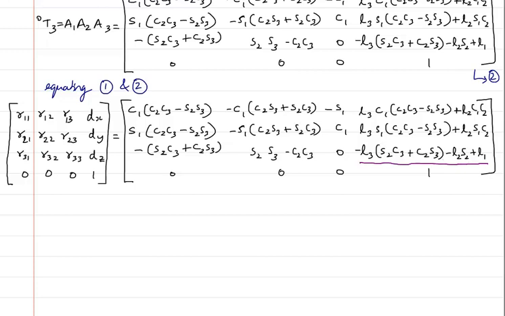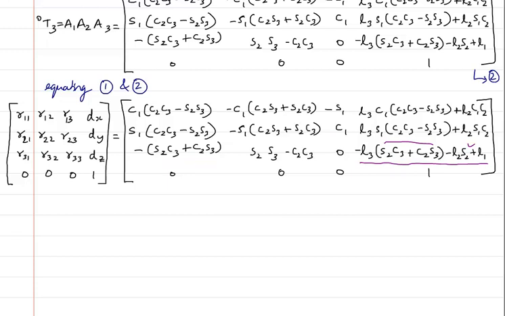Now S2 is there, and other than that this big term, S2 C3 plus C2 S3, is there, but this whole term is actually the negative of R31, which is here, and this can be equated to dz. So if you substitute directly, L1, L2, L3 are known and this portion is already known from here, so you can find S2. So theta 2 is also found in that way.